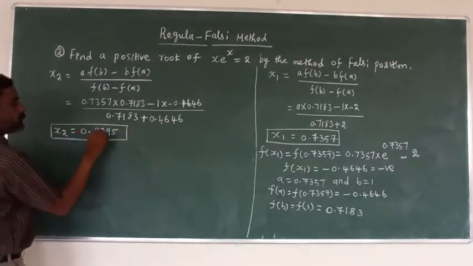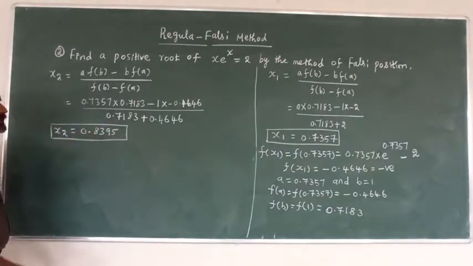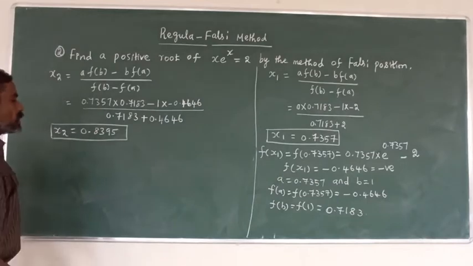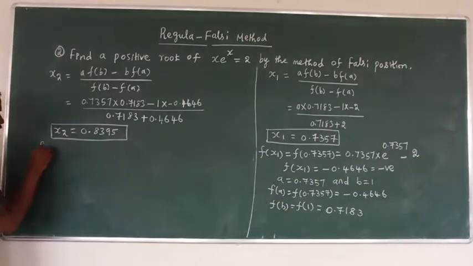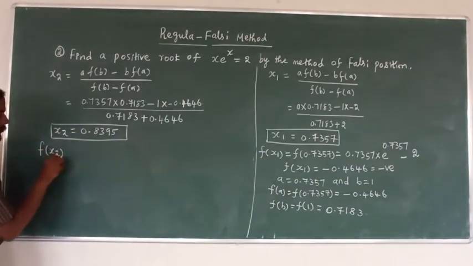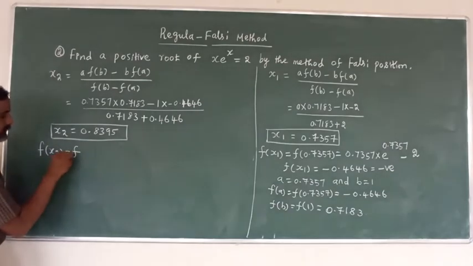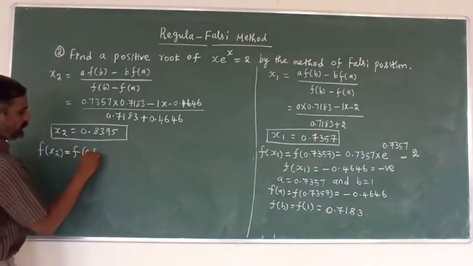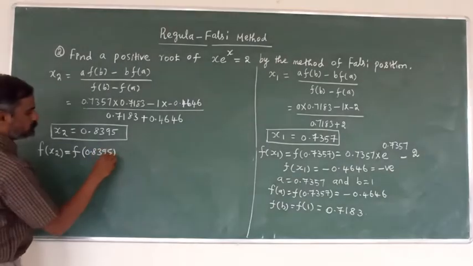Now to find whether this is positive or negative, f(x2) equals f(0.8395).